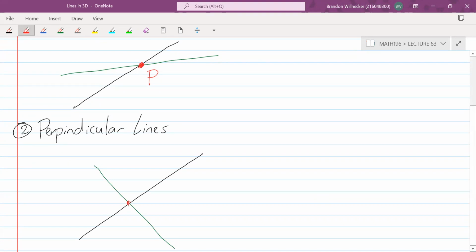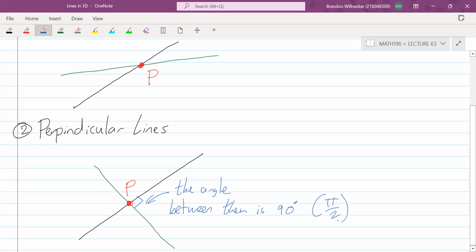They intersect at point P in three-dimensional space, but also the angle between them is 90 degrees, or pi over 2 radians. So we say that those are perpendicular lines.